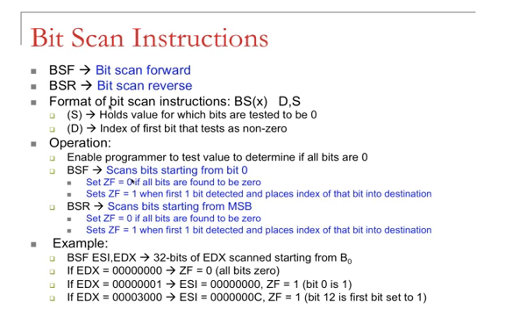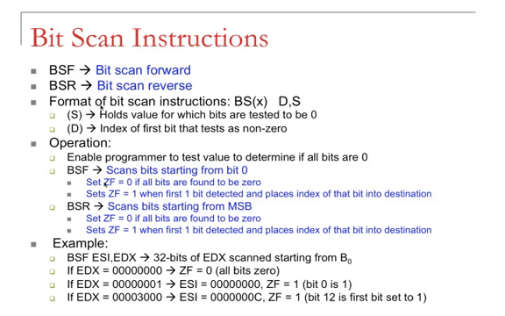BSF scans bits starting from bit 0 and sets the zero flag to 1 if all bits are found to be 0, and sets ZF to 0 when the first bit is detected, and places the index of that bit into the destination. And BSR is doing the opposite direction. So both of these two instructions are going to do two things.